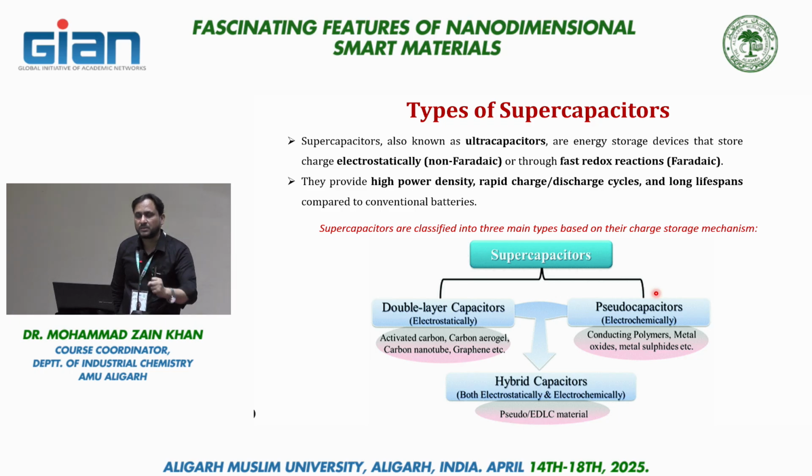Similarly, pseudocapacitor means that whenever the word quasi or pseudo is used, the phenomenon is not 100%. There must be some mixing in the phenomenon. Pseudocapacitors store charge like a battery. Therefore, as written here, double layer capacitors or EDLC store charge electrostatically.